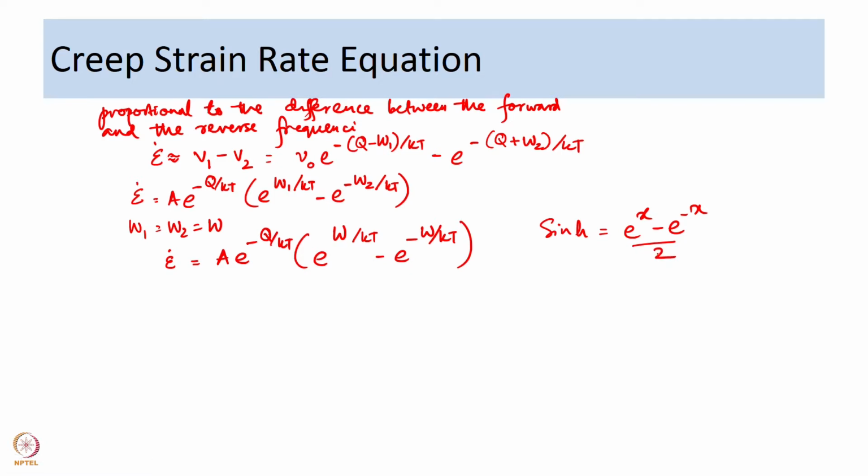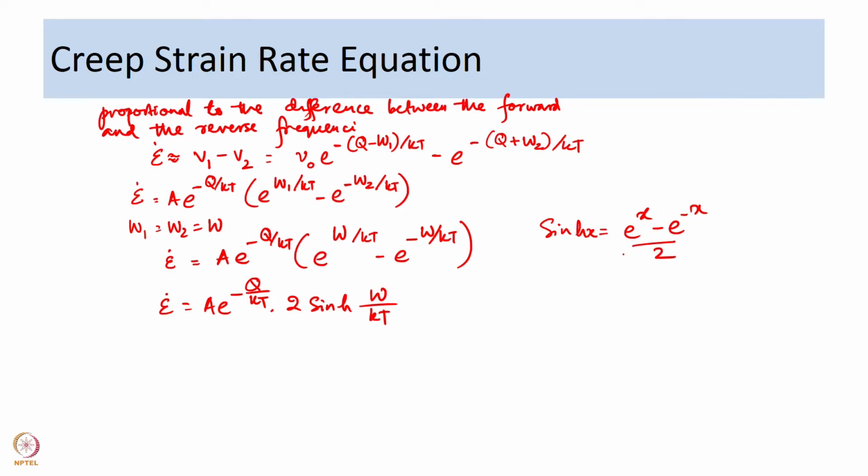So, if we invoke that here, then strain rate becomes A e to the power minus Q over kT into 2 times sinh W over kT.